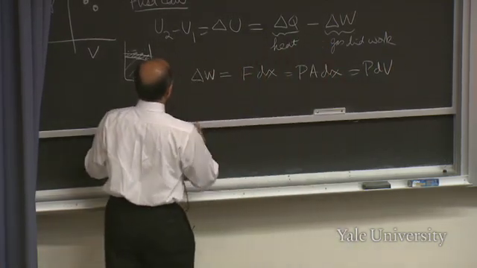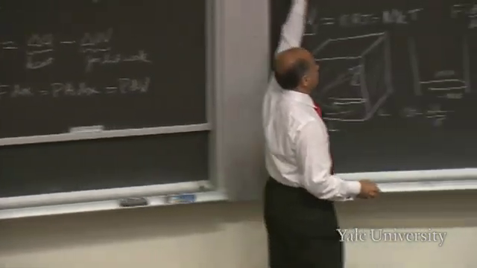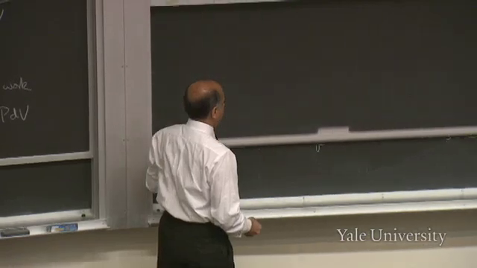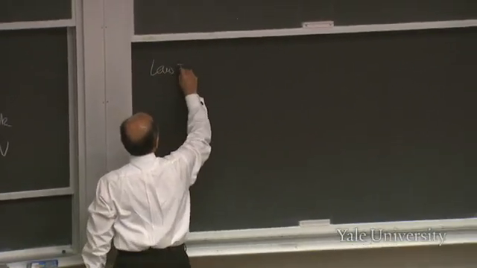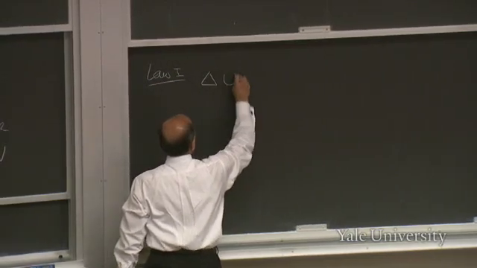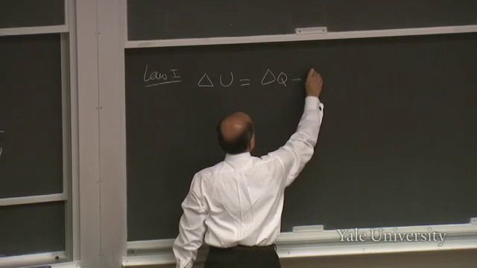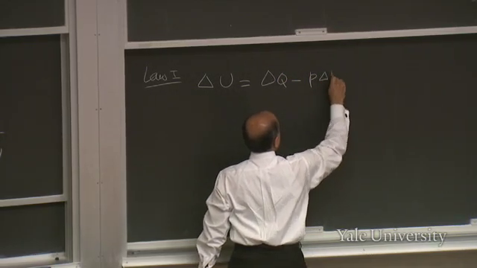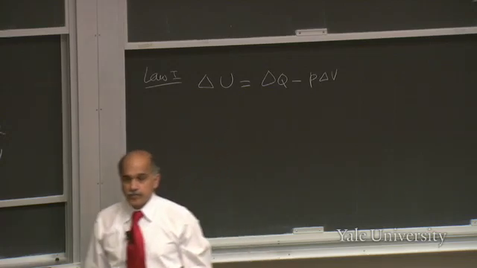That leads to this great law. Let me write it on a new blackboard because we're going to be playing around with that law. This is law number 1. The change in the internal energy of a system is equal to delta Q minus P delta V.